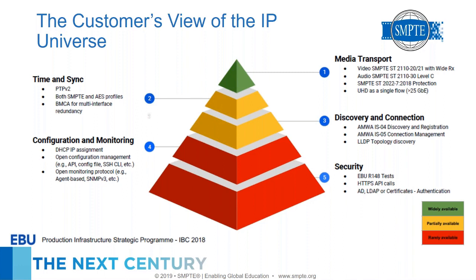And then there gets to be more and more difficulty as you go down the pyramid, with things being fairly vendor unique: configuration and monitoring, and of course security as well, of how do you make these systems secure, and what does that even mean exactly? Because everyone loves to talk about security, but it needs some well-defined language to really have a good conversation. So in the JT-NM drafting process for TR-1001, we took this pyramid as our user requirements, if you will, of what we were trying to respond to.